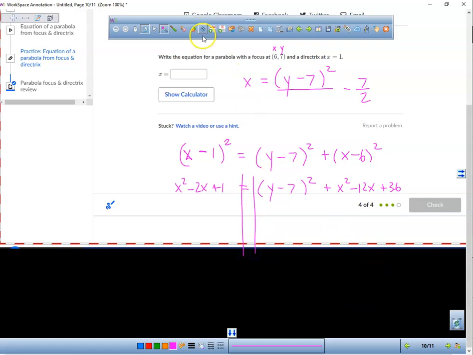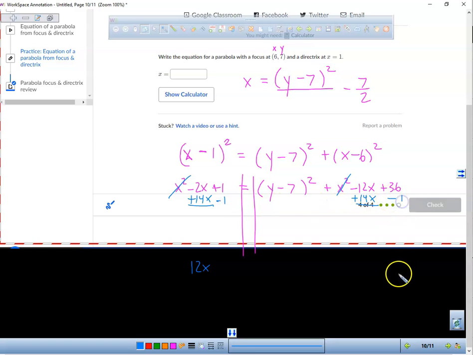Okay. What am I going to do? I am going to cancel out my x squareds. And I'm going to have to add a 12x to this side, which leaves me 10x's. I'm going to take away a 1 from this side, take away a 1 from that side.